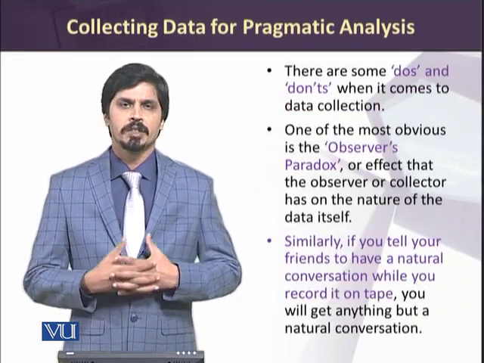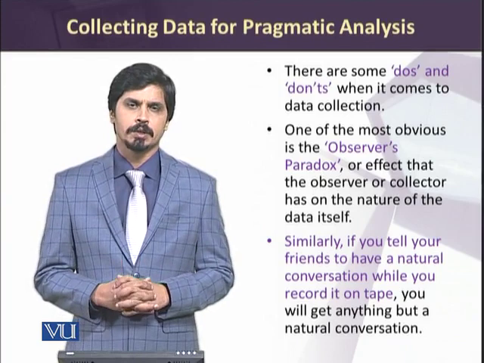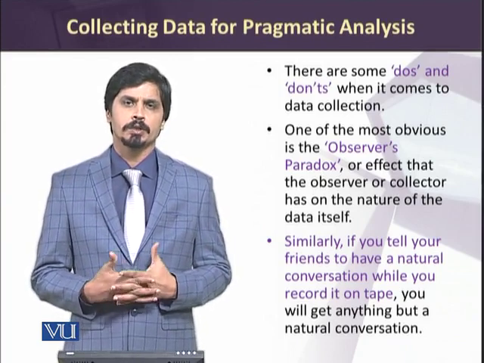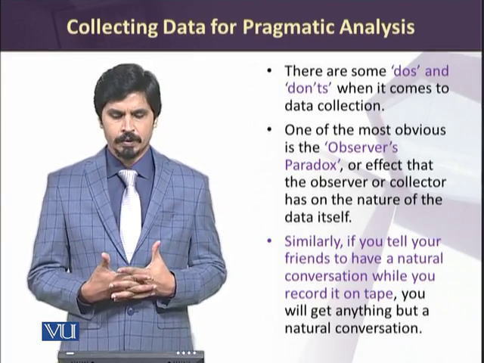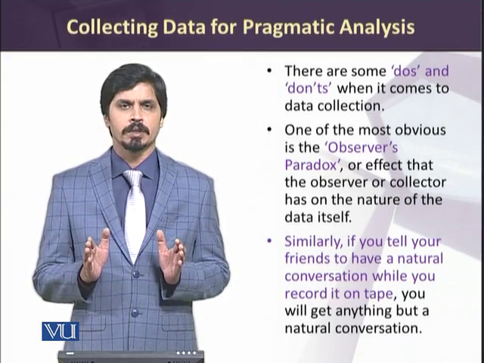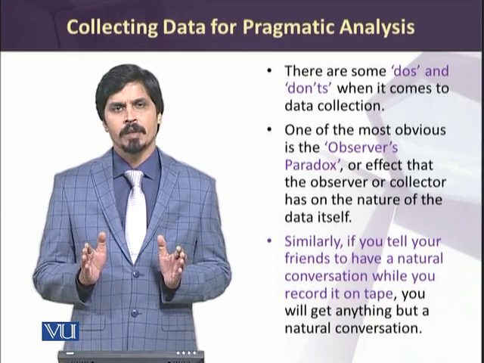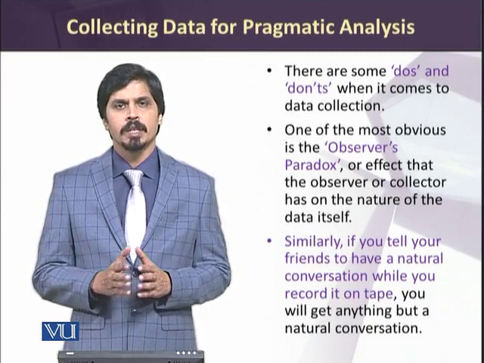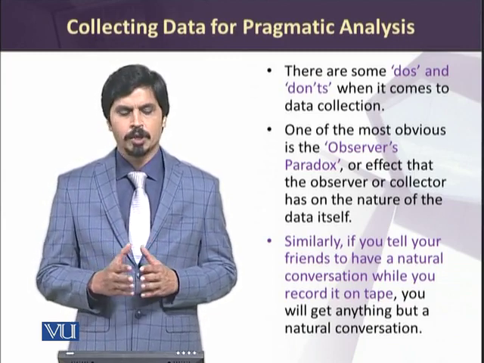In this regard, there are certain do's and don'ts, the things you can do and the things you cannot do. For this matter, we need to keep in mind certain things. For example, one of those things is the researcher's or observer's paradox.